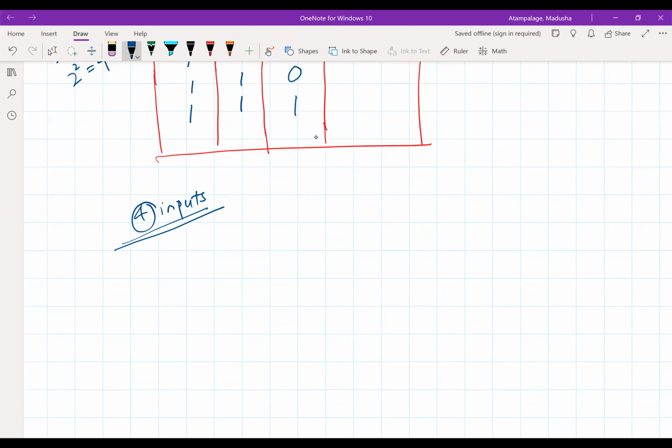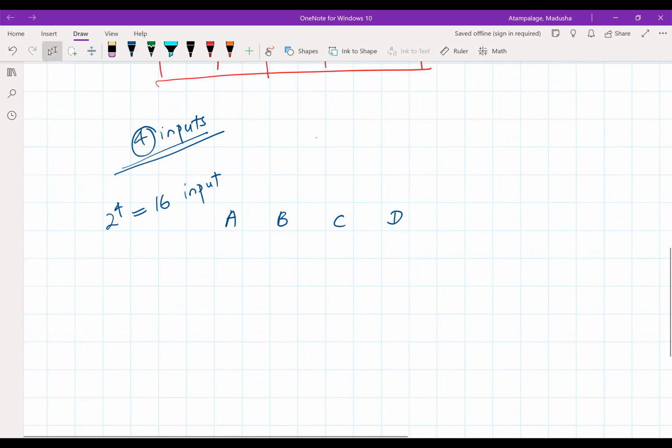If we have 4 inputs, first we find how many input combinations: 16 input combinations. So you need to complete the table by using 16 input combinations. Just take the inputs A, B, C, D like that. We do the same thing. We complete the column D, 0, 1, 0, 1 like that.